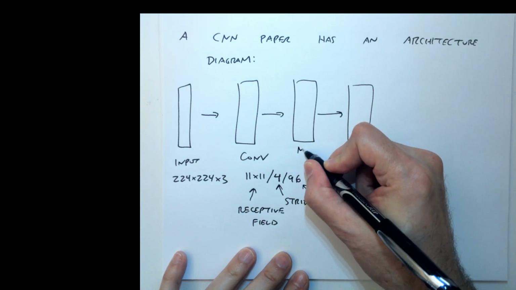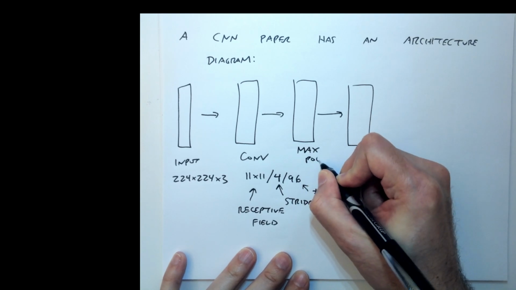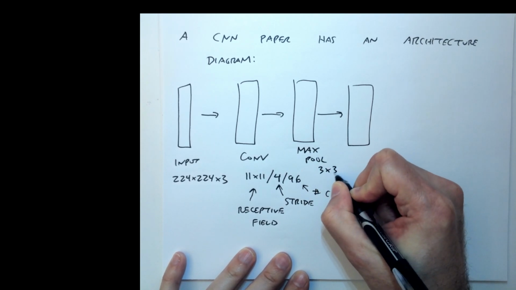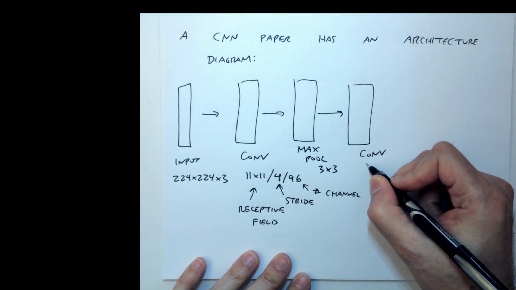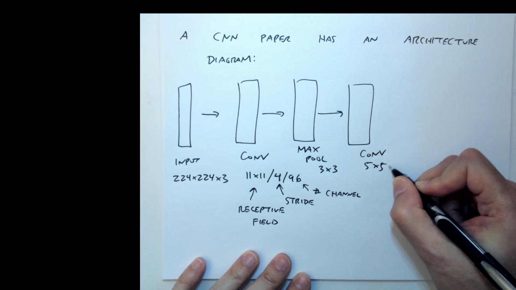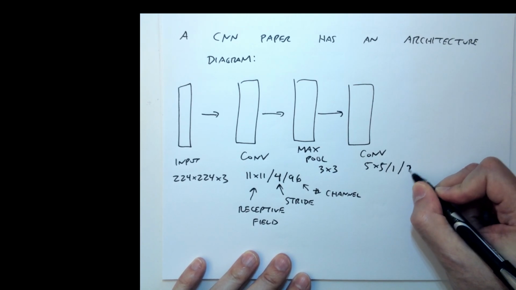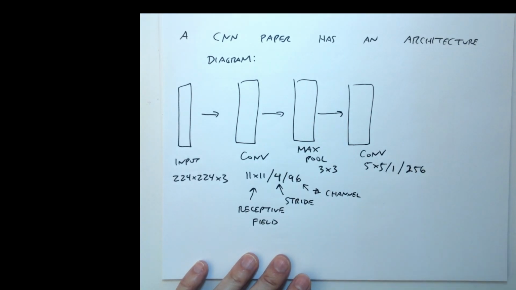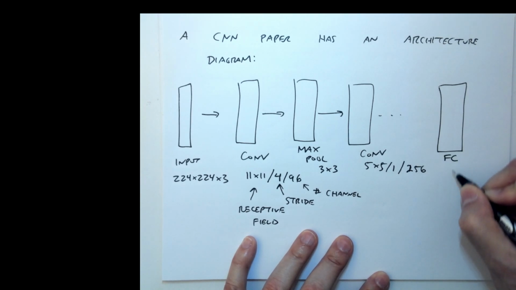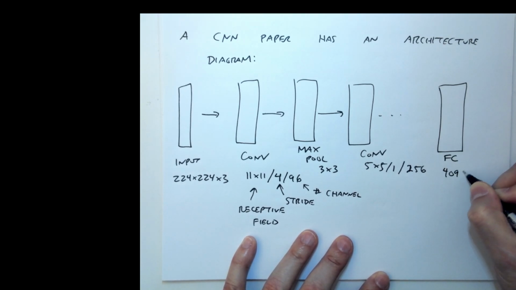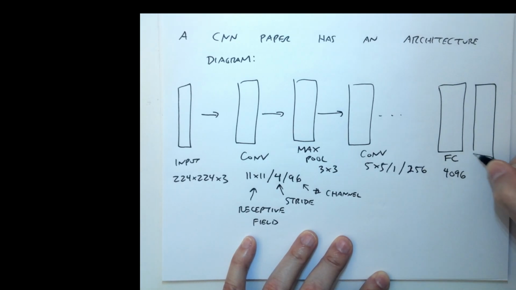And then I may have a next layer that says max pool 3 by 3. And then I may have another convolutional layer that has 5 by 5 filters with a stride of 1, but I'm learning 256 of them, and so on, right? Then maybe I have a fully connected layer with 4,096 neurons, and another fully connected layer with another 4,096 neurons.